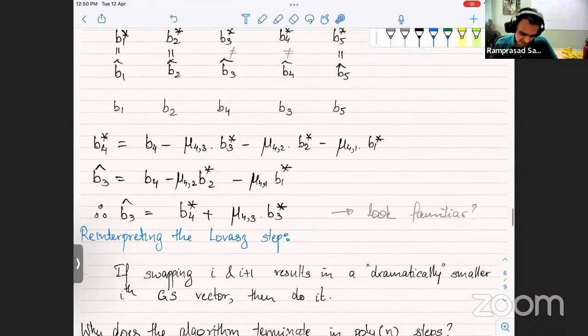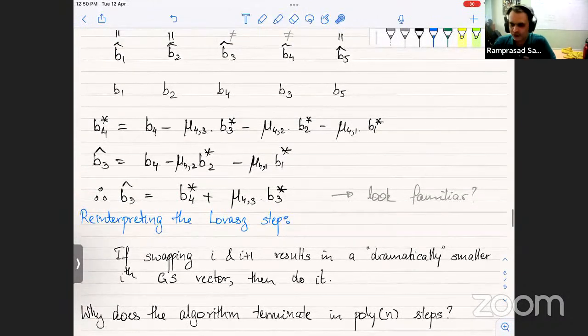Okay, good. So now we want to figure out why this algorithm terminates in polynomially many steps. In many cases, whenever you have an algorithm that appears to run forever because there is a big while loop, and you want to say you're making progress, much of it just boils down to finding a suitable potential function. You want to come up with a potential function that tells you the algorithm terminates in a certain number of steps.